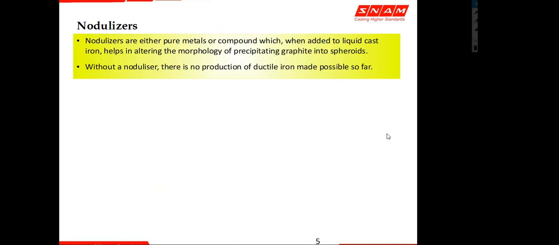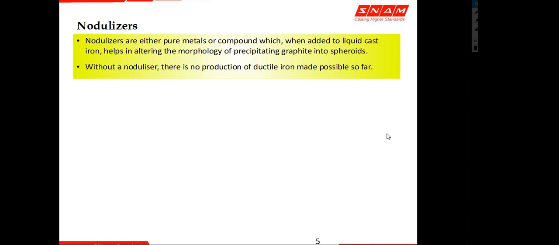So when we talk of nodalizers, the textbook explanation is that a nodalizer is a material or a compound which, when added to liquid cast iron, helps in altering the morphology of the graphite precipitate. The graphite is going to get precipitated from liquid iron. So you have this nodalizer material added to your metal such that you change the shape of the precipitating graphite to the required shape.